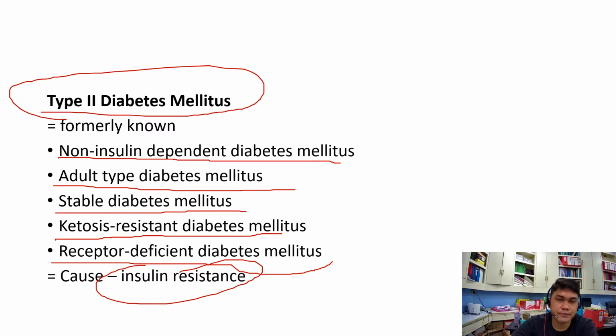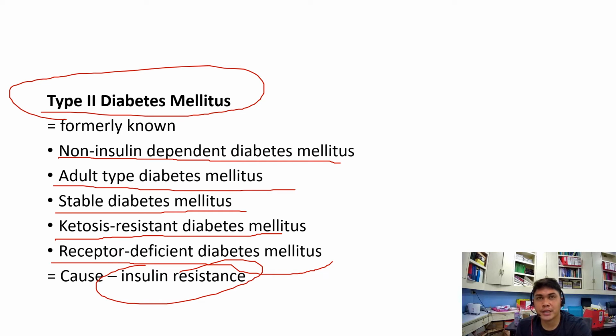Regarding medications, type 1 is dependent on insulin. So the primary medication for type 1 is insulin administration. For type 2, it's oral agents like metformin.